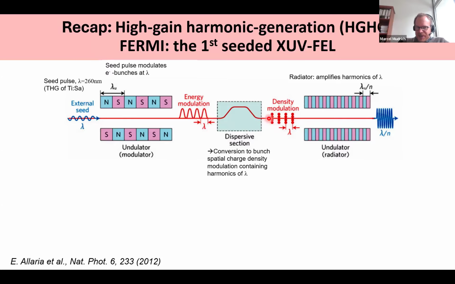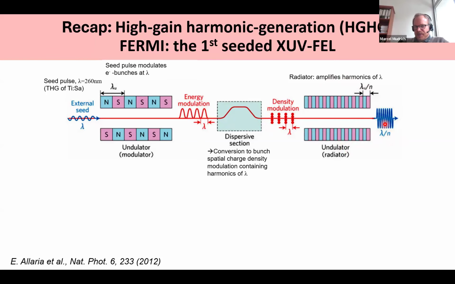It is a much more peaked density distribution, which therefore contains, by Fourier transformation, also components with higher harmonics, like lambda over n, where n is an integer number. And then the radiator is tuned to one of these selected higher harmonics.